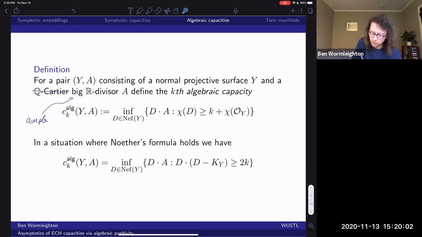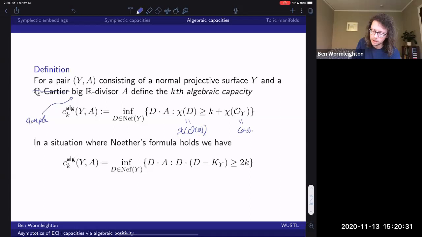It's an infimum over a certain class of divisors of D dot A. If you like, this is like the area of D using a form Poincaré dual to A, such that the sum bound happening involves k for the Euler characteristic of D. By this, I mean the Euler characteristic of the line bundle or sheaf associated to D.